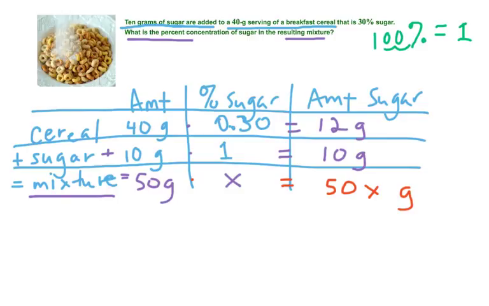Now, my amount of sugar is the sugar in the cereal plus the 100% sugar that I've added, and these are equal. So I can write an equation that looks like this: 12, since this is all grams, plus 10 equals 50x.